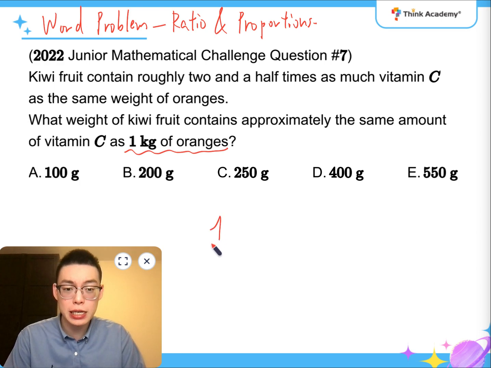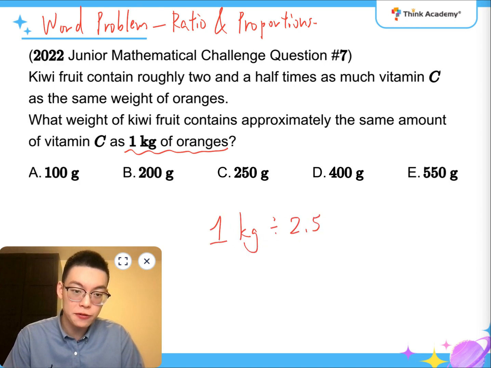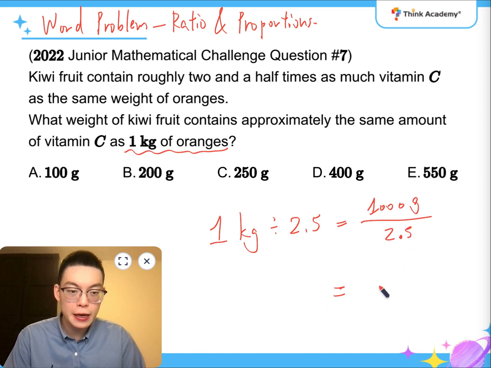So it means that it's going to be 1 kilogram divided by 2.5 times. Which means the weight of kiwi fruit is going to be 1,000 grams divided by 2.5 times. Oh, let me write this dot a little bit more significantly.